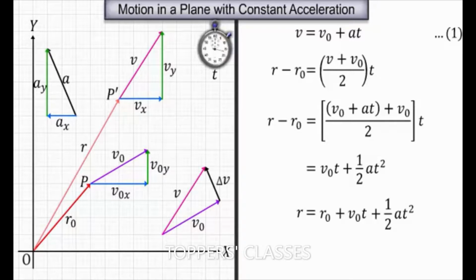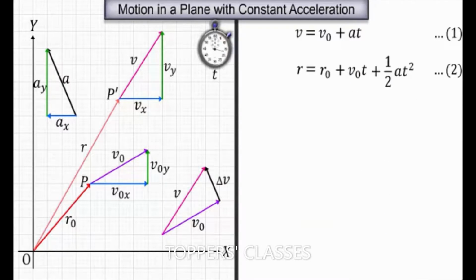Equation 2 can be written using its components as x is equal to x0 plus v0x into t plus half axt square, and y is equal to y0 plus v0y into t plus half ayt square.